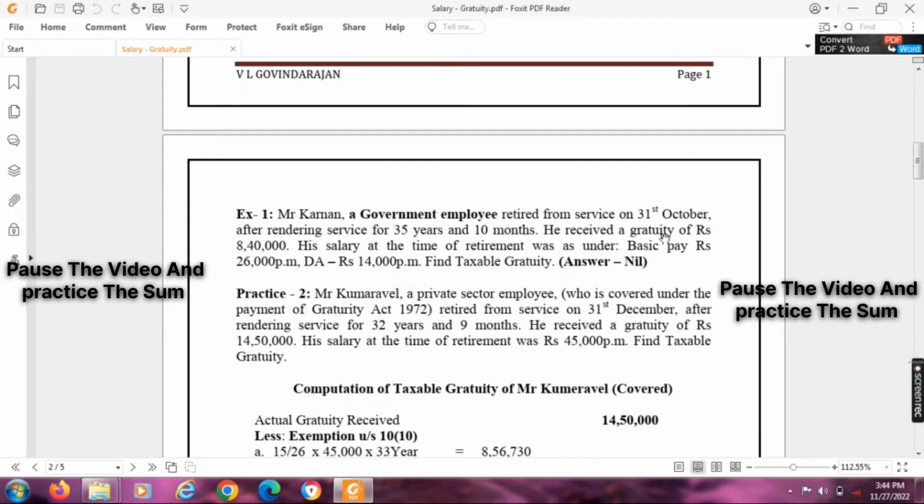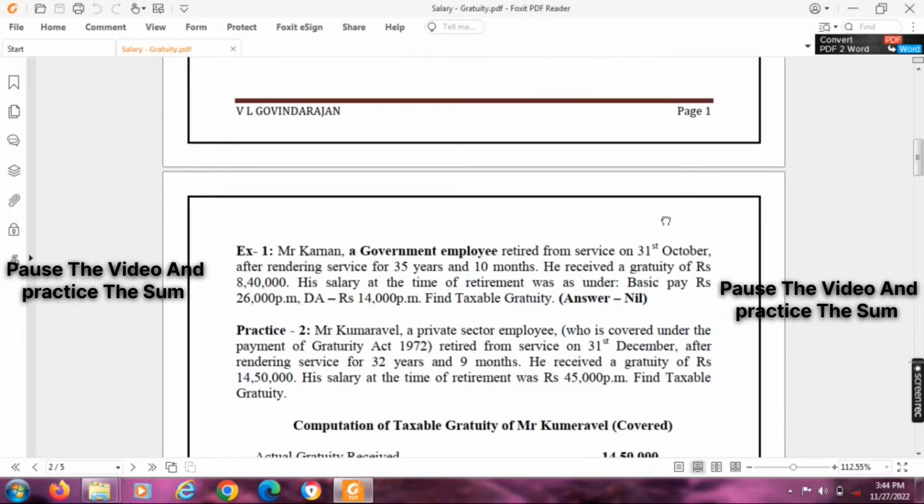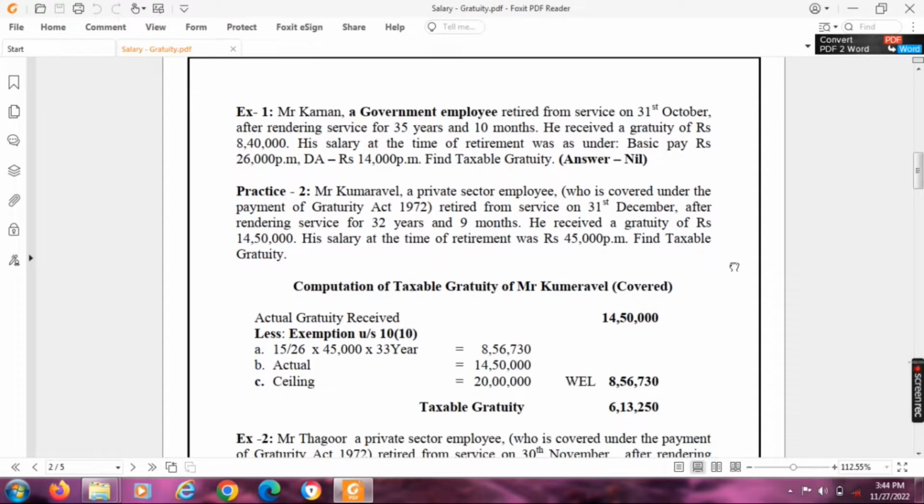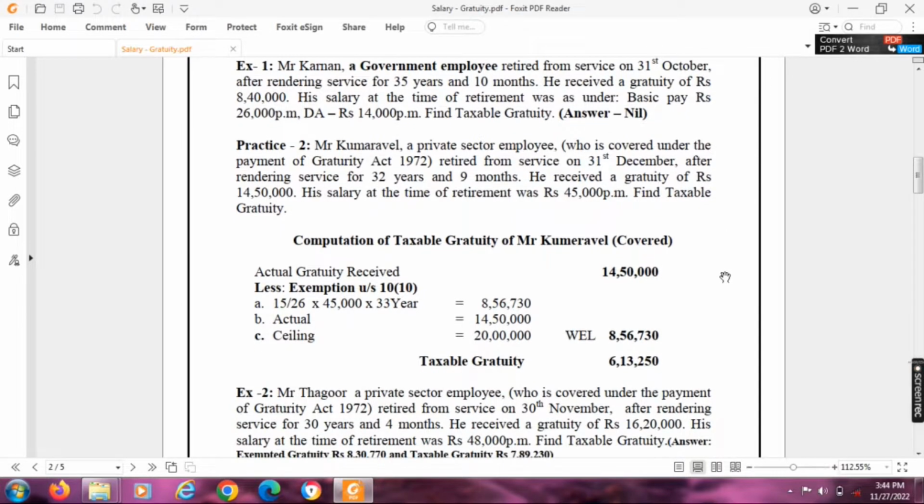Let's see practice 2. Mr. Kumaravel, a private sector employee who is covered. When studying the problem itself for gratuity, we should understand whether he is covered under the Payment of Gratuity Act or not. In this problem, it is clearly stated that he is covered.